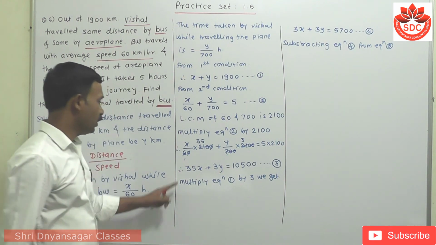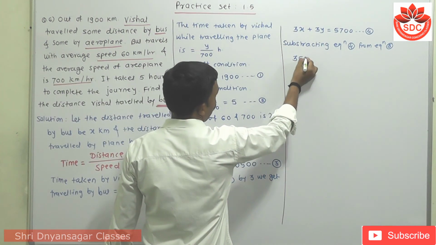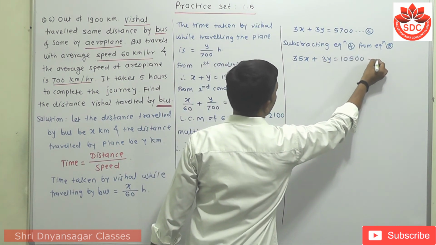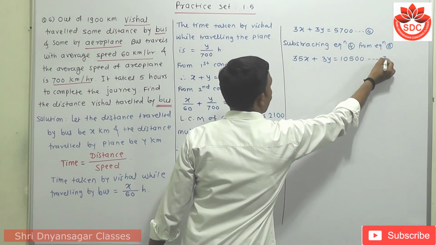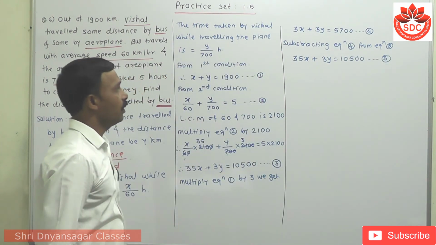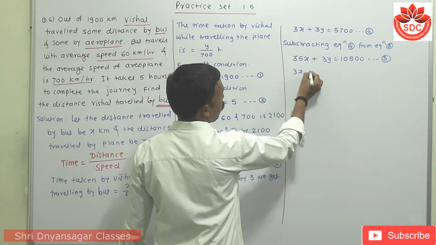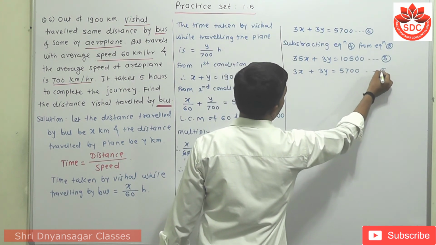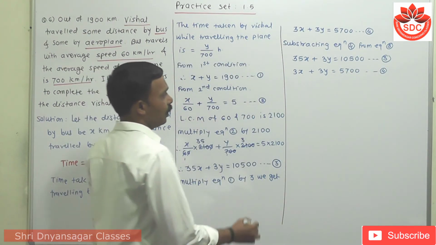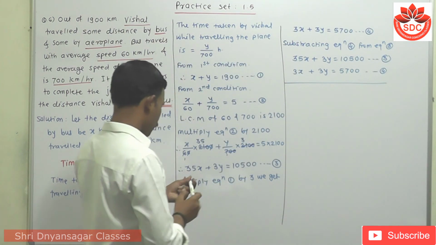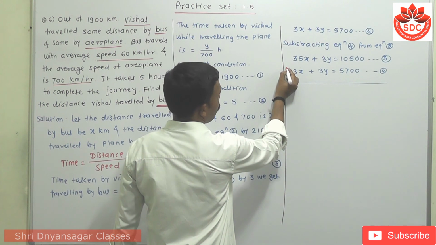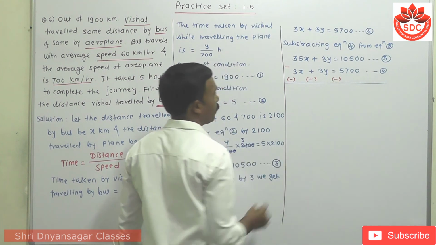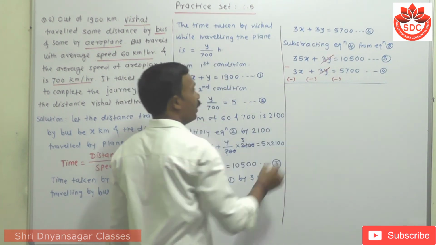Equation 3 is 35x plus 3y is equal to 10,500, and equation number 4 is 3x plus 3y is equal to 5,700. When we subtract, the signs change: this is minus, this is also minus, this is also minus. Then this 3y gets cancelled.